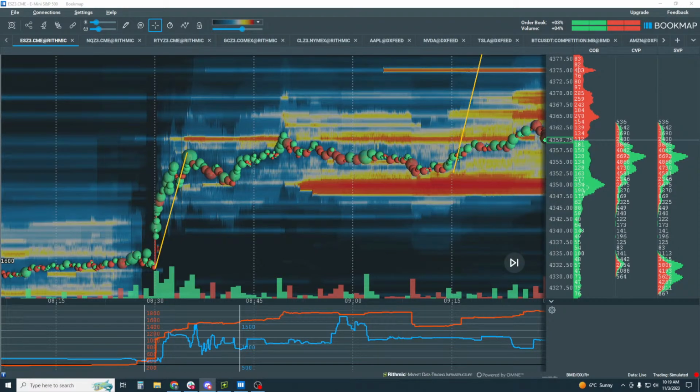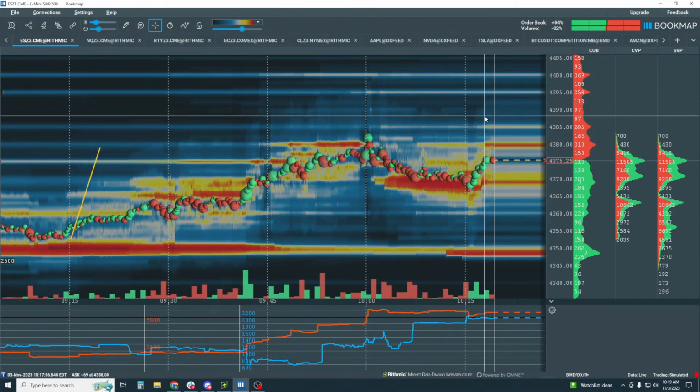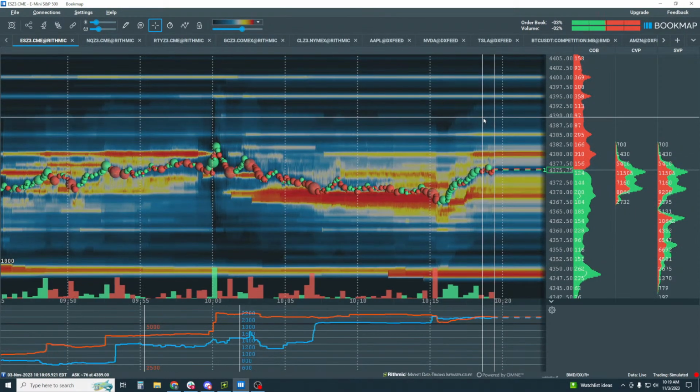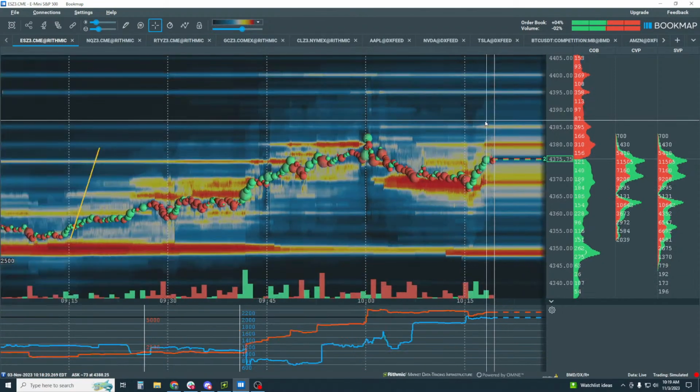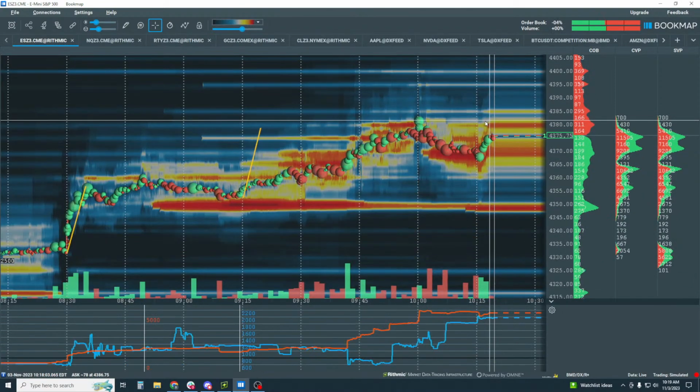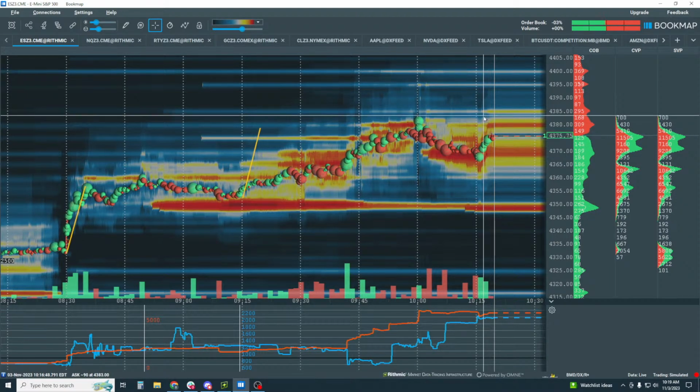Notice it, and then you'll get confident when you've seen it many times, and then you'll start to understand. Don't worry about trying to understand the flag pattern. That's not the goal. The goal is to identify the orders, the order flow, the transactions.